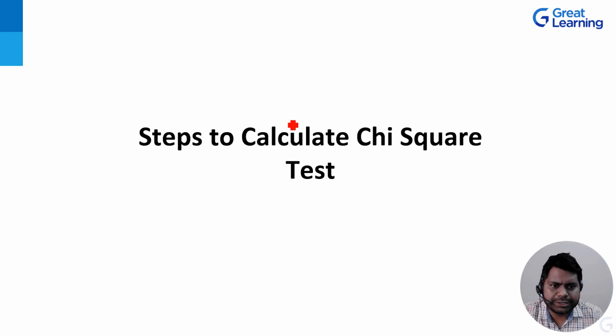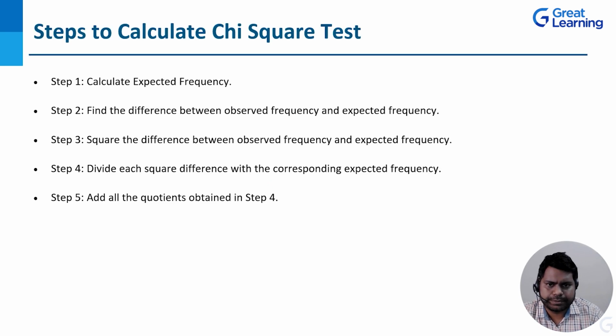Now let's move on to our next topic, that is steps to calculate chi-square test. In order to calculate chi-square test, we need to follow certain steps. The first step is to calculate the expected frequency, that is f of e. Then we will find the difference between the observed frequency, that is f of o, and f of e. So that is observed frequency minus expected frequency.